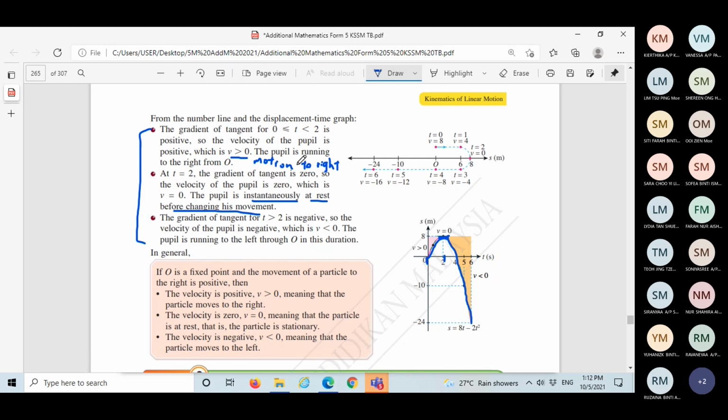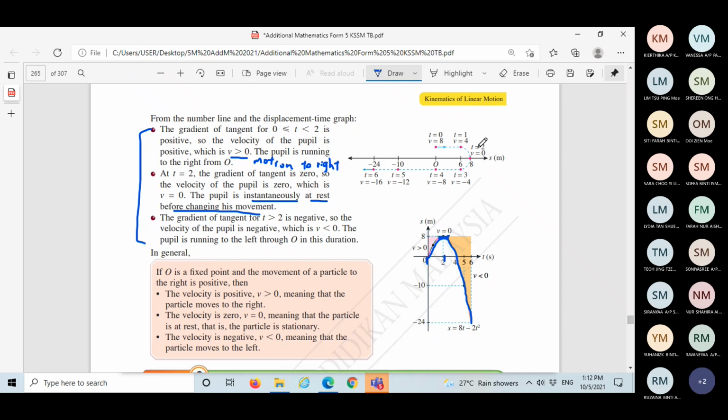Just now moving to the right, now it will change direction and move to the left. Now you see the gradient for t greater than 2 is negative. So the velocity is negative, smaller than 0. The pupil is running to the left, in this direction.